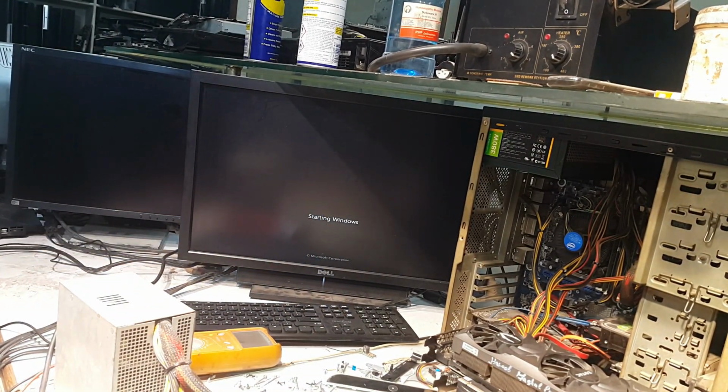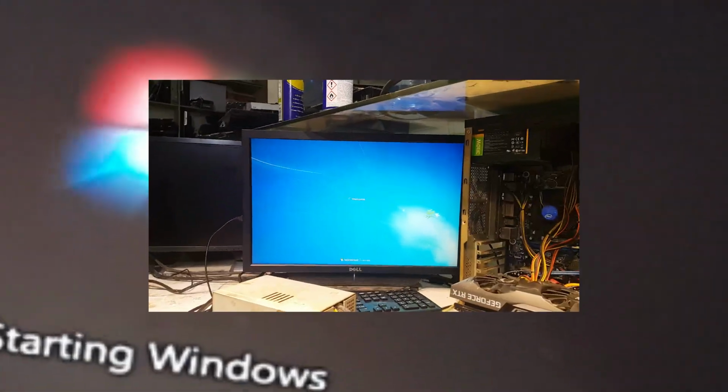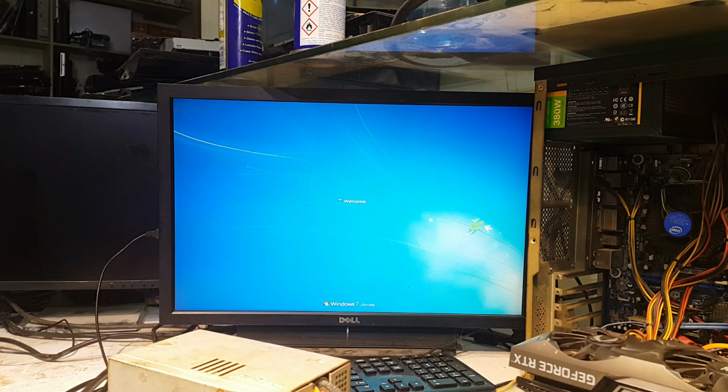That's good. So guys, you have observed one more fault of the GPU, that the power supply not working is caused by the GPU. If the Windows boots up to the desktop, then it will be fine.